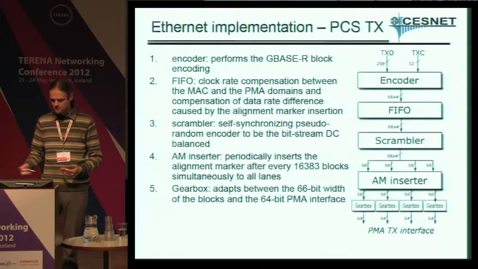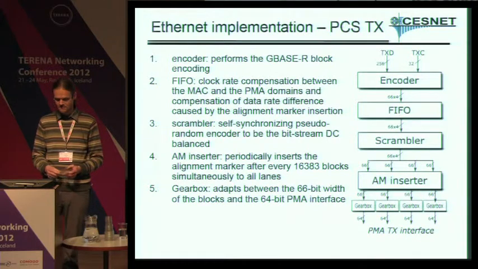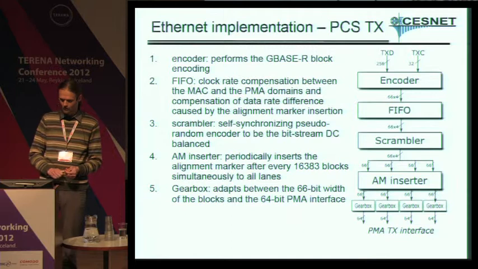Then the new module is the alignment marker inserter, which inserts a marker simultaneously to all lanes every 16 kilo blocks, and gearboxes again for the rate compensation of the signal.